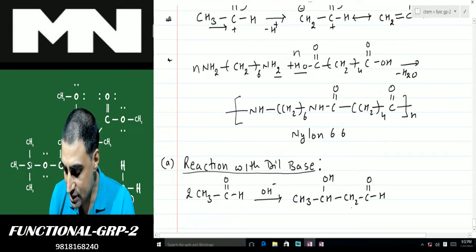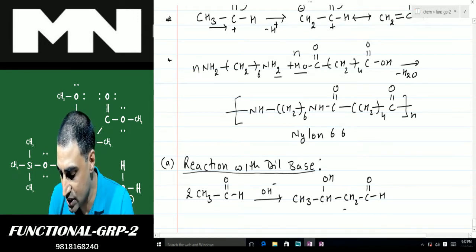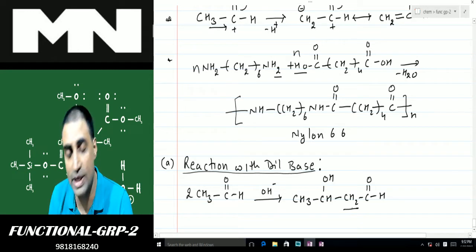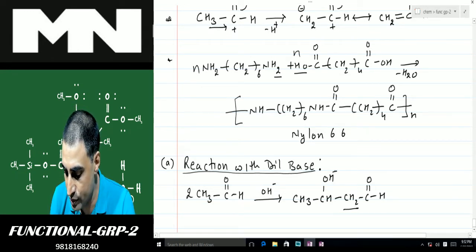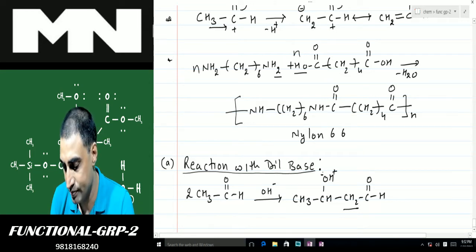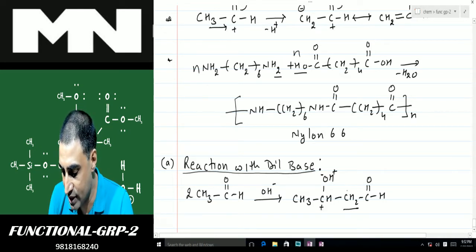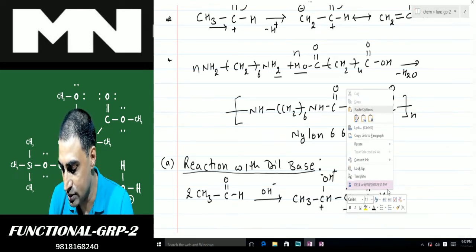Here in this case, the second aldehyde has donated H positive ion from this carbon atom, and that H positive ion has combined with oxygen, which is negative. In this process, oxygen is negative and this carbon is positive. After donating H positive ion, this carbon has acquired a negative charge.